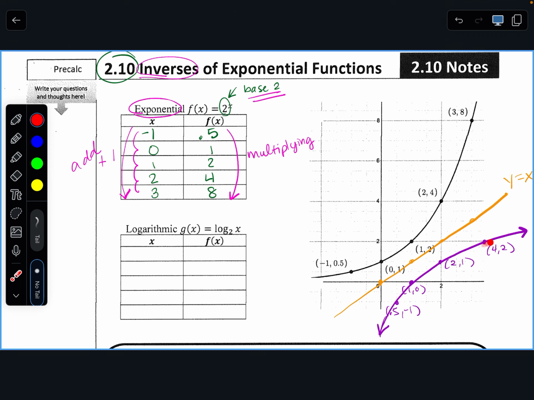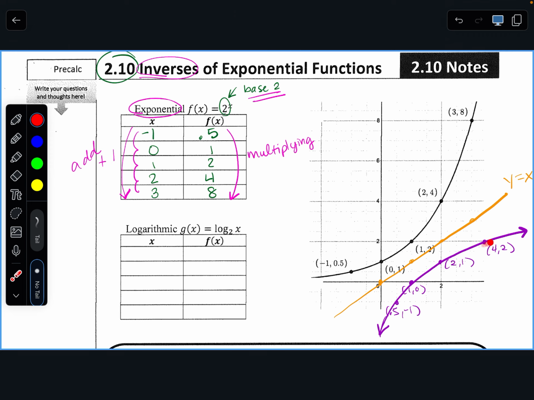I look at this and I notice that my x values are multiplying by 2, and my y values here were adding by 1. This is how we can see that this is a logarithmic representation or a logarithmic relation when the x values are being multiplied consistently by the same number and the y values are consistently adding.